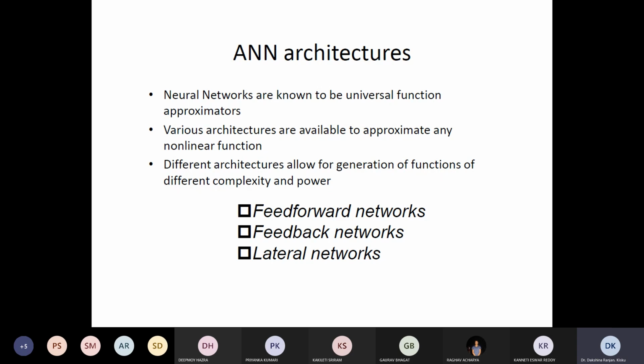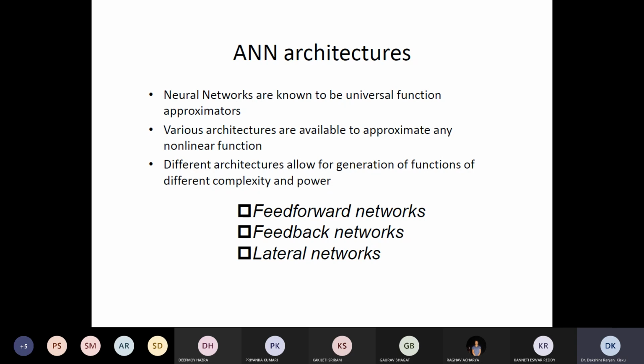That means we are not bound to use a single architecture. We can have different architectures, and this variety will allow us to generate functions of different complexity and power.